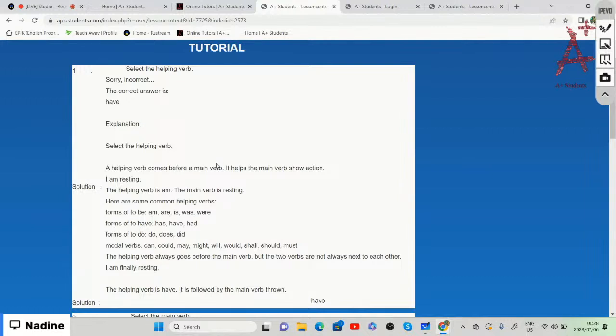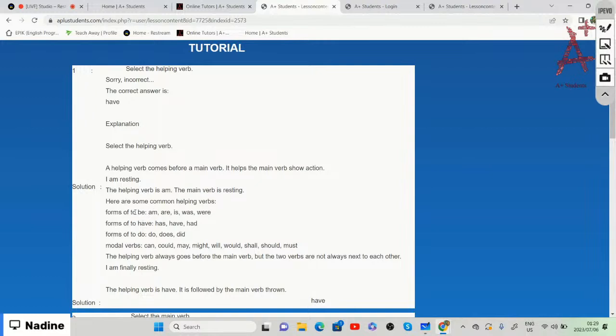Like in this sentence, we can say the helping verb is am because it's I am resting, right? So am is the helping verb, and then we have the main verb, which is resting, right?